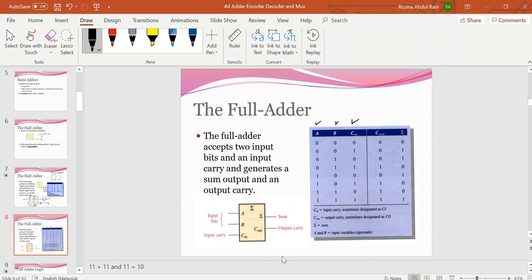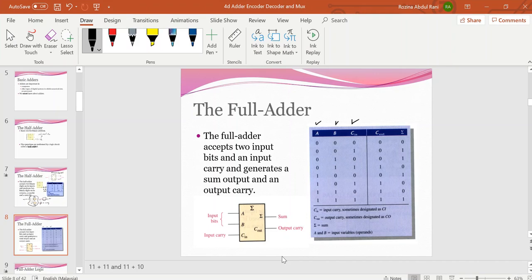A and B are the operands, and C in is a bit carried in from the previous less significant stage. The full adder is usually a component in a cascade of adders which add 8, 16, 32 or other bit binary numbers.